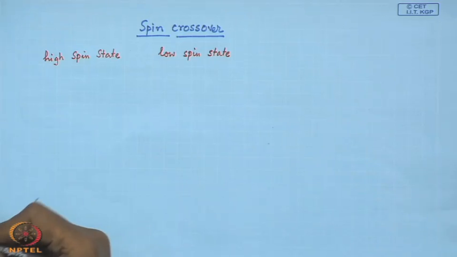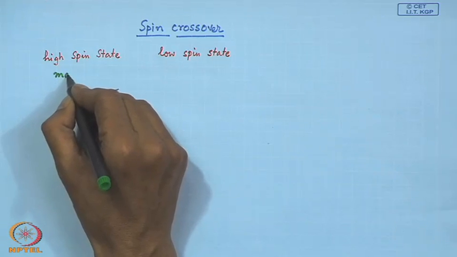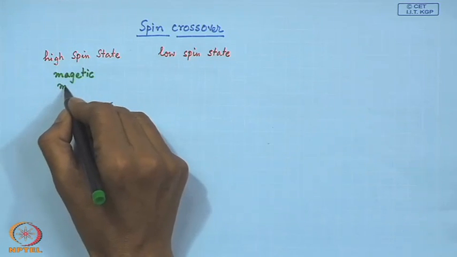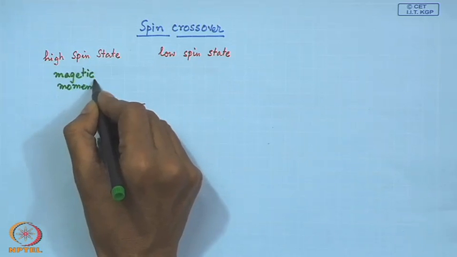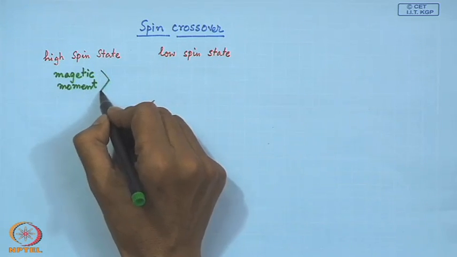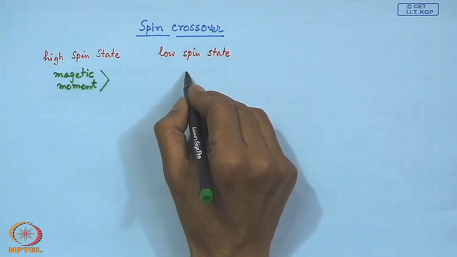So, if we try to find out the corresponding magnetic moment, we will see that in this particular case the magnetic moment would be different compared to the low spin state.